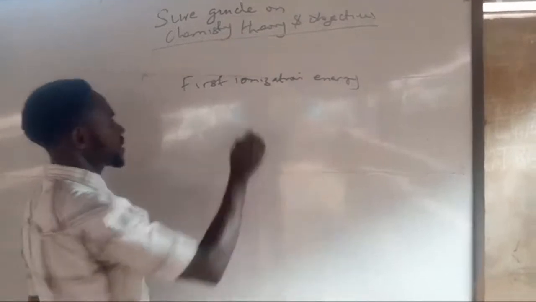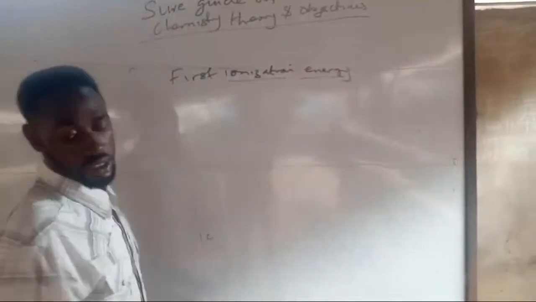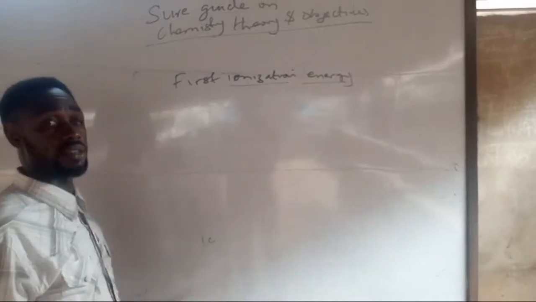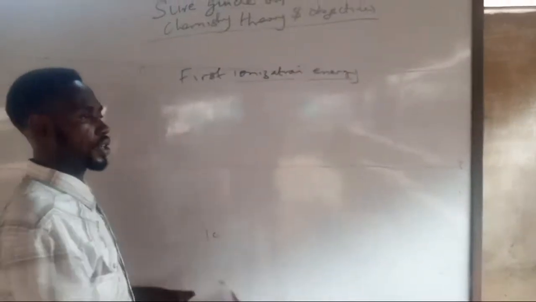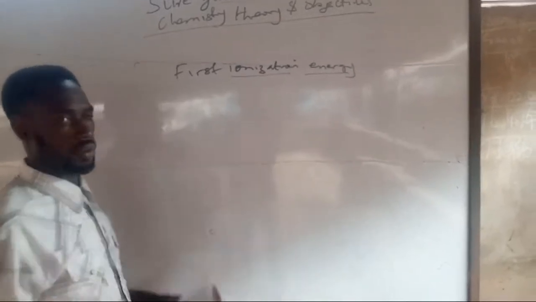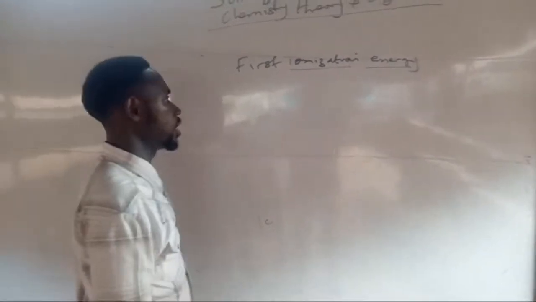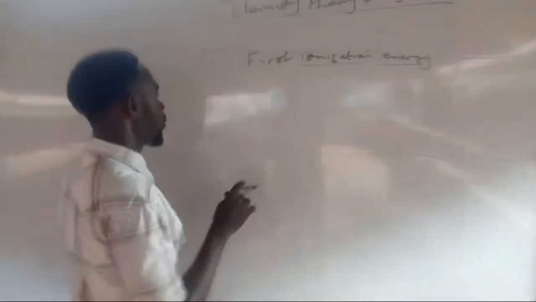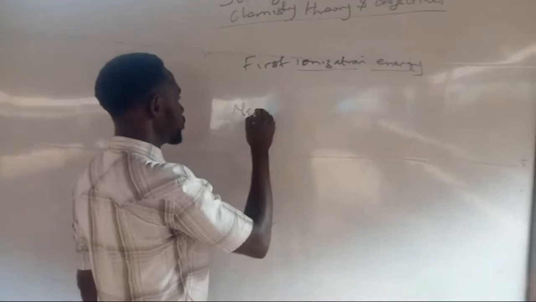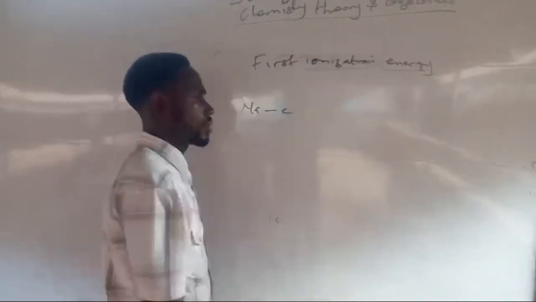You should know that the word ionization actually means just the formation of ions, which involves either loss or gain of electrons. Then the energy spent in it should be ionization energy. But in this context, when an atom loses an electron, the energy change involved is called ionization energy.